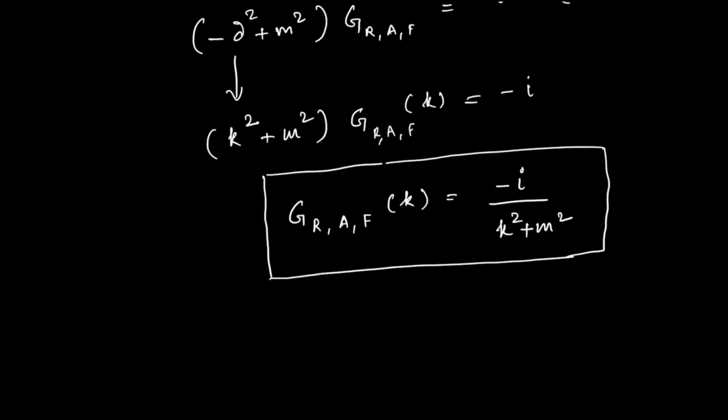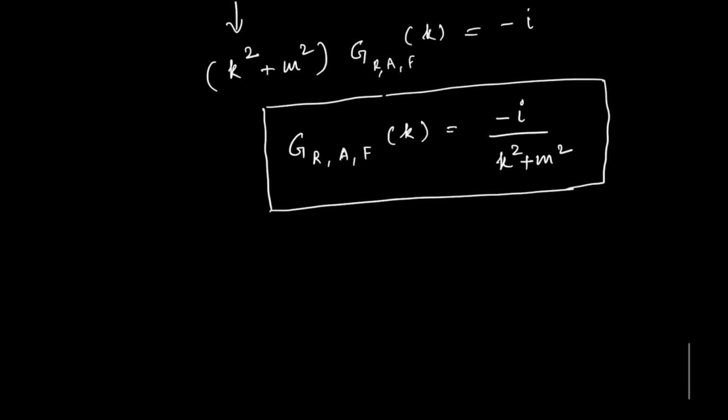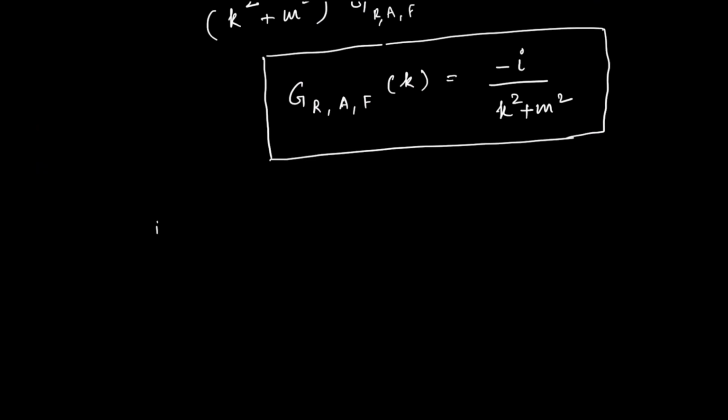But we have some problems here. The first problem is that when k square is equal to minus m square, then G of k will have a singularity.